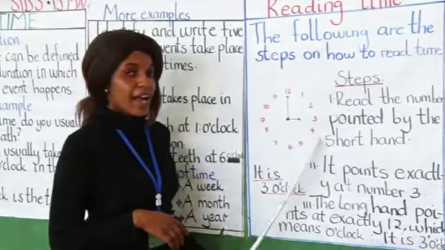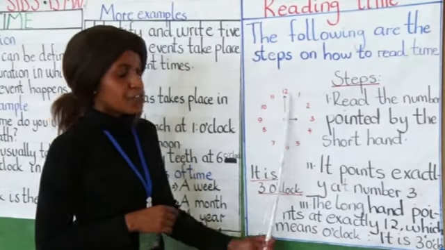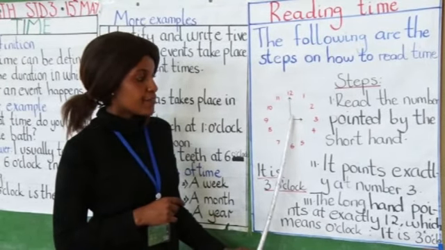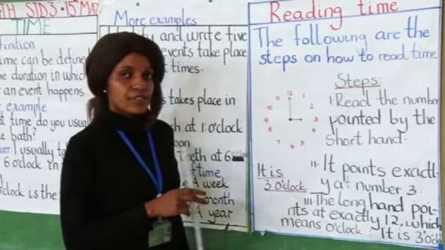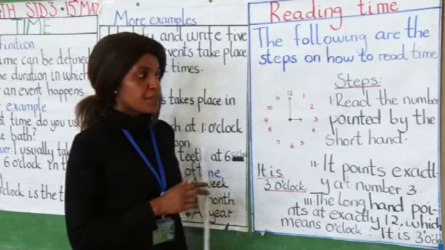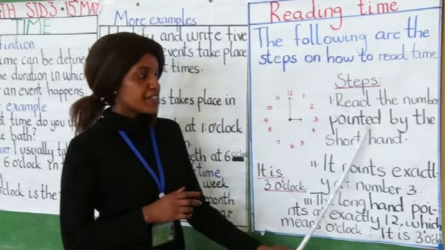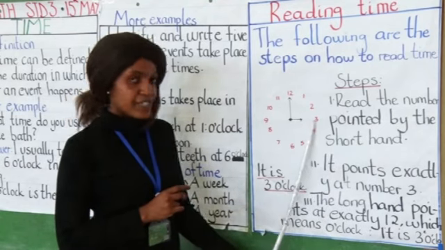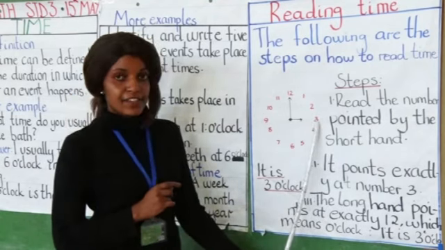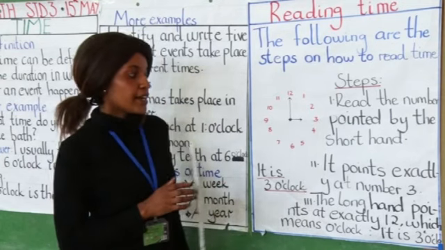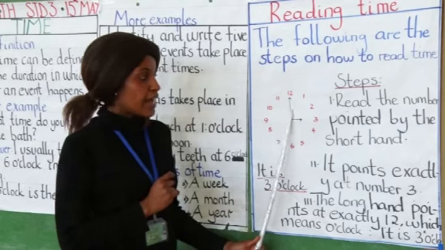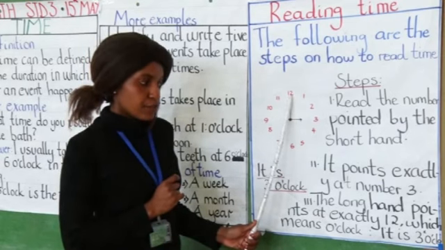You see here, I have a drawing which shows a clock watch, and it has 2 arrows. When you are going to read time, you read the number pointed by the short hand first, which is 3, then we read the number pointed by the long hand, which is 12.